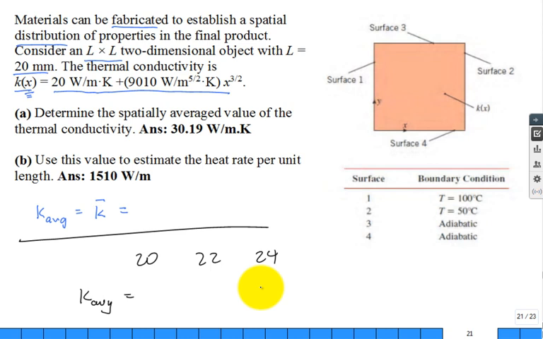It would be 22. How'd you get 22? You took the 20 plus the 22 plus the 24 and you divided by 3, the number of them. Or if I had n of them, I'd sum over all of the K_i's and divide by n. How many did you sum over?